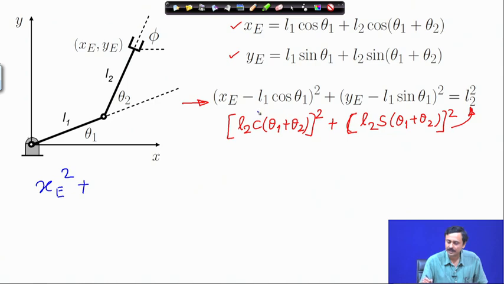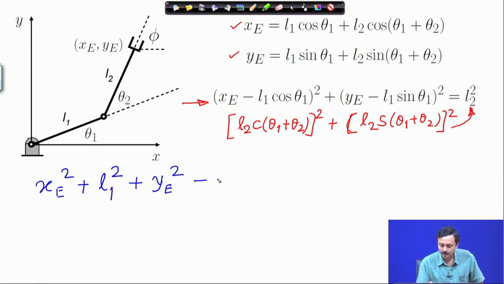From the first square I will get x e square plus L 1 square cos square theta 1, and from the second I will get L 1 square sin square theta 1, so I can write L 1 square, plus y e square.